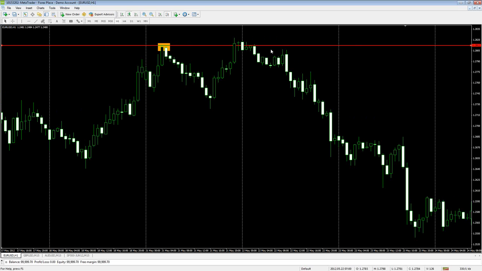But once you see that one of the sides, the buyers or the sellers, gains control and is showing the way, you should go with the winners.